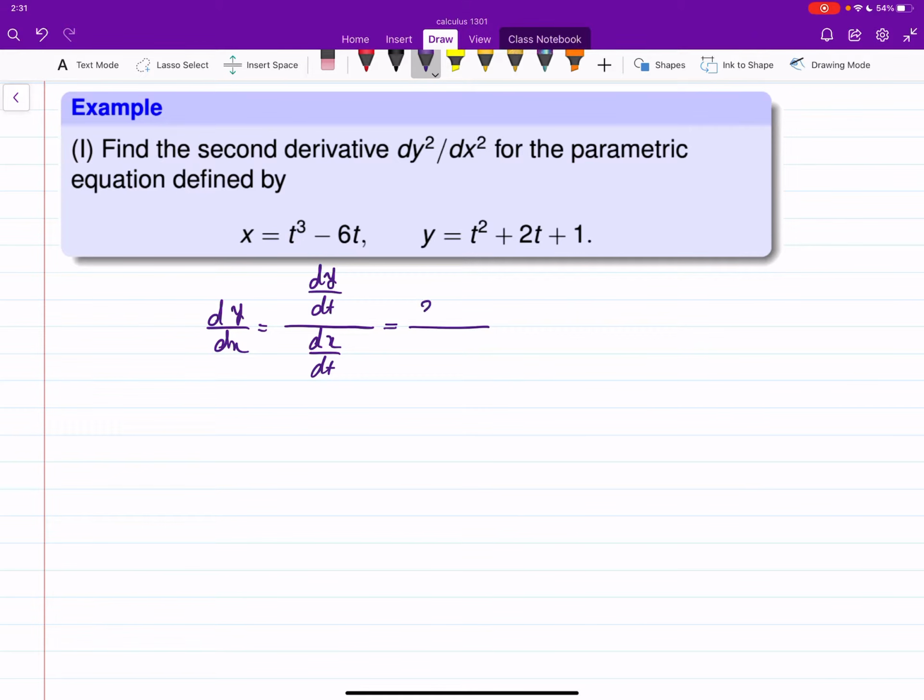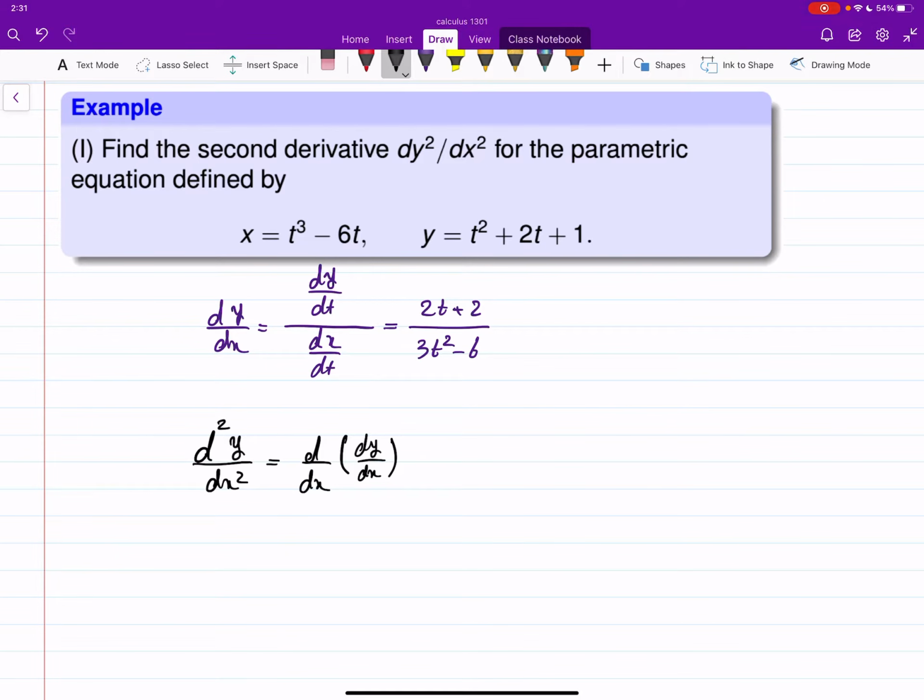So here this means 2t plus 2, and that means 3t squared minus 6. Now, this is the first derivative. If we are looking for the second derivative of y with respect to x, this would mean that you find the derivative of the first derivative with respect to x.